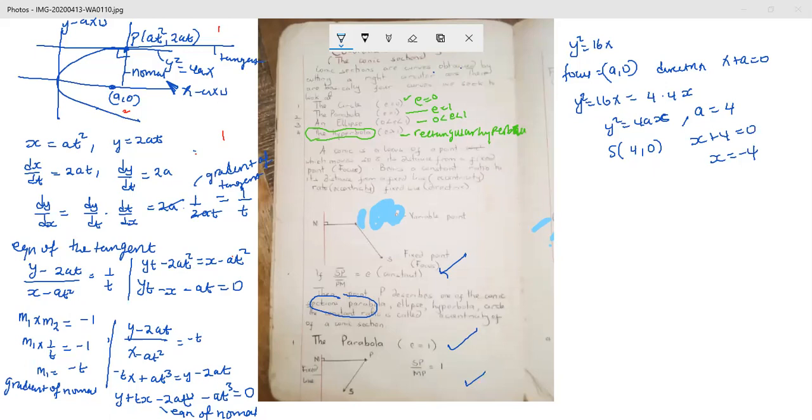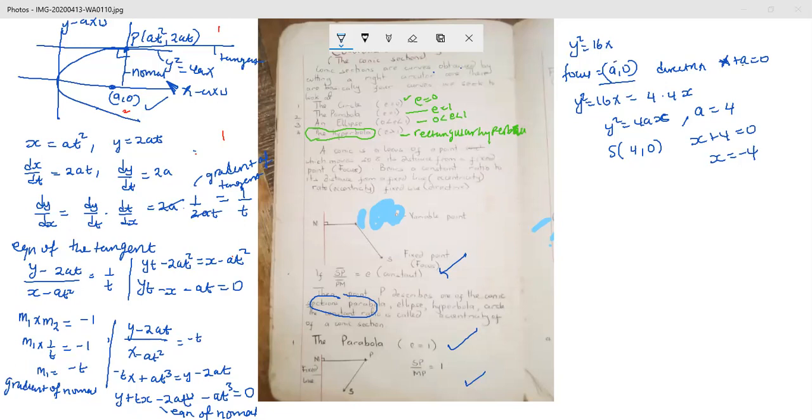I was saying, the standard equation of a parabola has a focus (a, 0), which I defined here. It has a directrix, which is used to predict the what? The equation of the parabola, though I did not take you through the derivation. And the directrix is x plus a. So if you get a, you just have to drop it here and get the directrix.